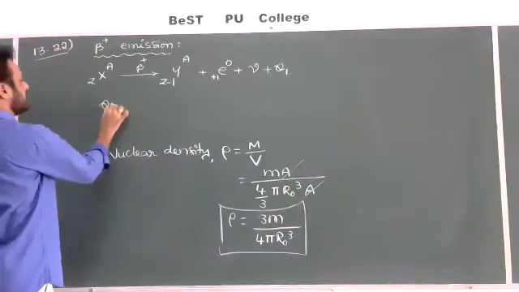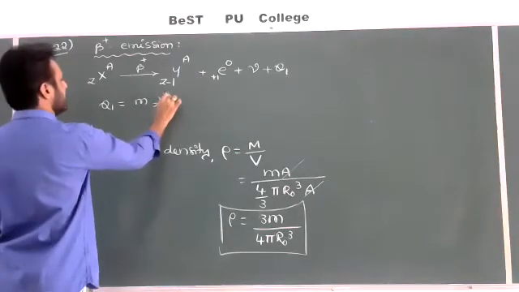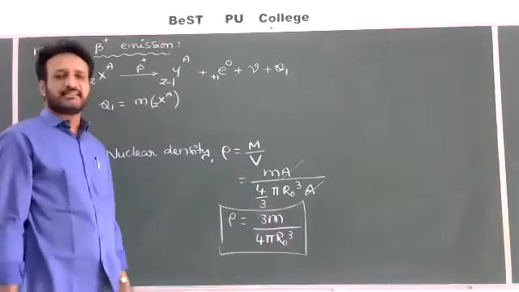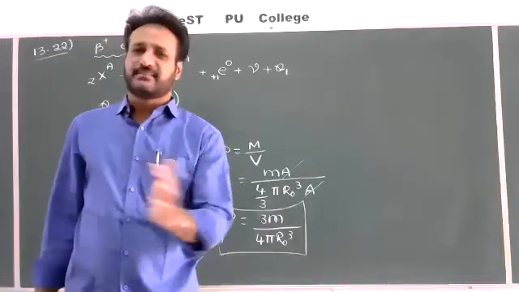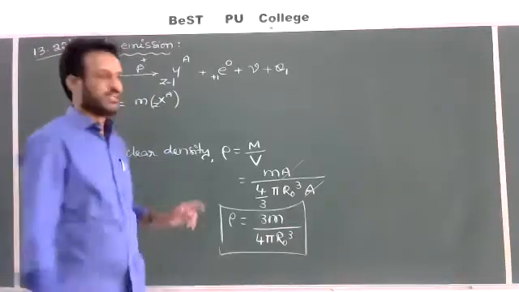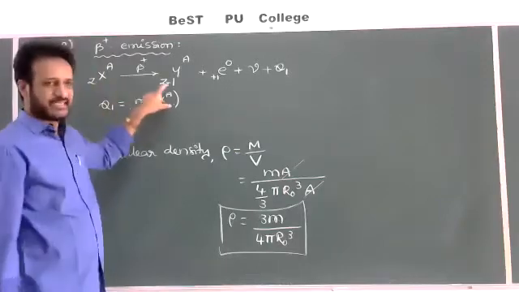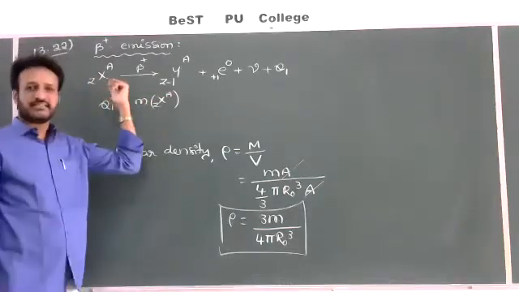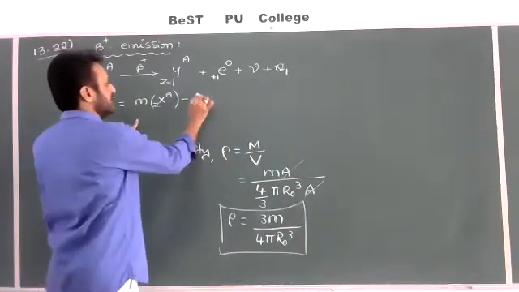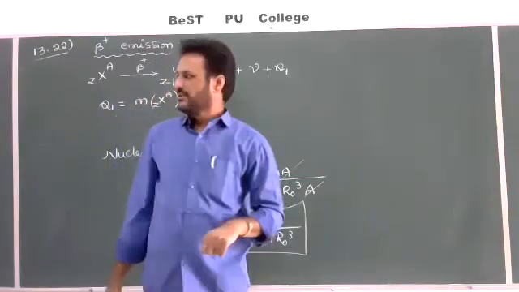So Q1 is equal to the mass of X Z A. To get atomic masses, I subtract electrons. The reactant X contains Z electrons, so I subtract Z into Me from this atom.